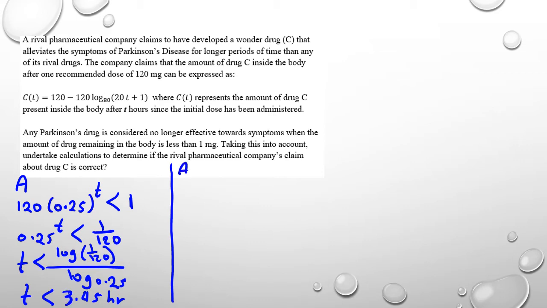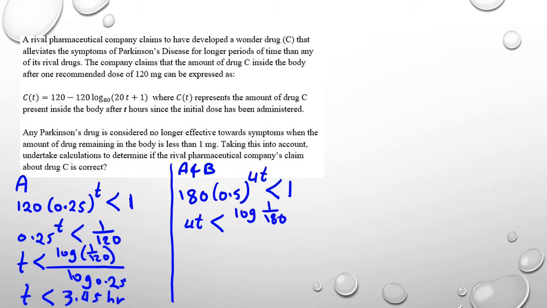Now we're going to use the other type of drugs, which is A and B combined. I'm not going to multiply the equations for A and B because it was on the previous slide. So I'm going to use straight away the simplified version of the equation, less than 1. So that gives me 4t less than log 1 over 180 divided by log 0.5, by taking log to both sides.